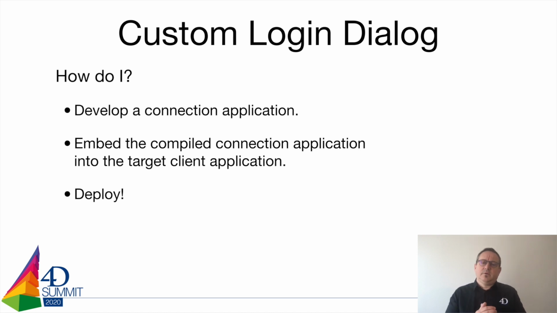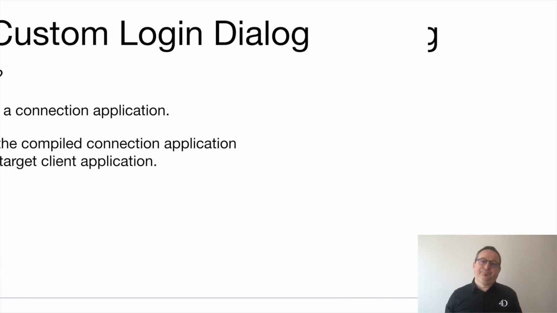Just a word about the updates, automatic updates for the server. This behavior is still available. So when your connection application connects to the 4D server, a range checking will be done as usual, and if your client application is out of the range, the update is automatically done from the 4D server.